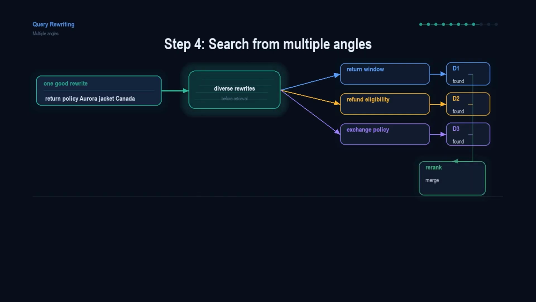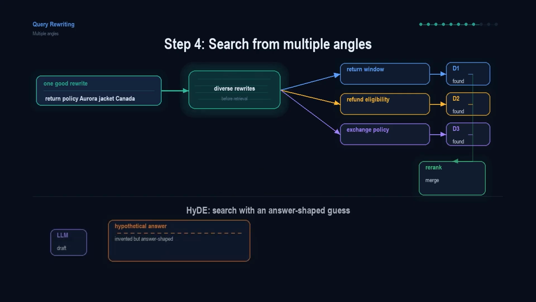One of the most surprising versions of this is something that the same line of research calls pseudo answer rewriting, better known by its original name, HyDE. Instead of rewriting the question into a better question, the system asks the model to hallucinate a fake answer, a plausible sounding paragraph that might be the real answer, and then it searches using that instead.